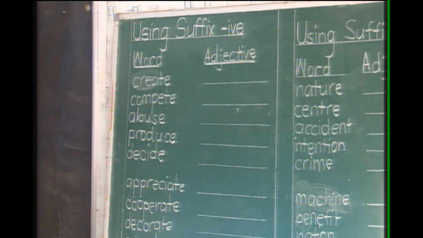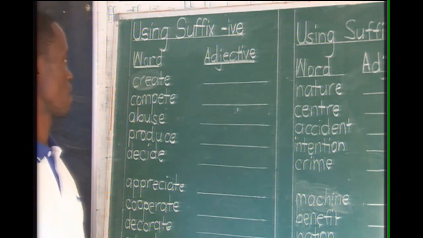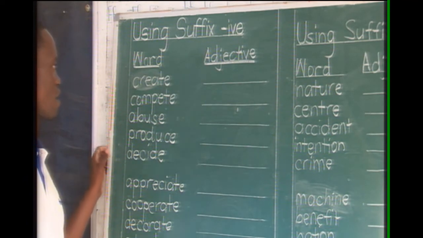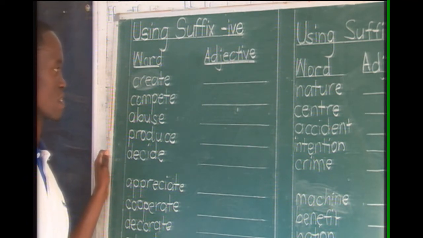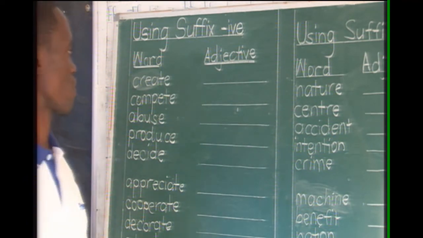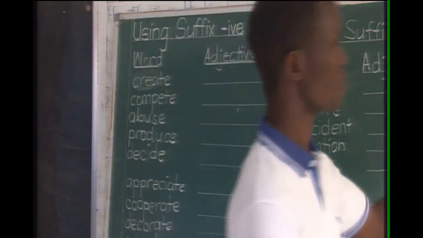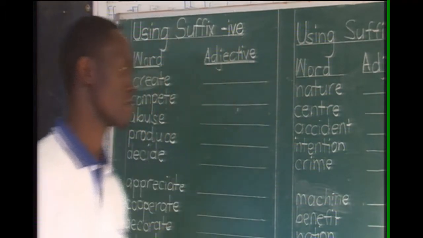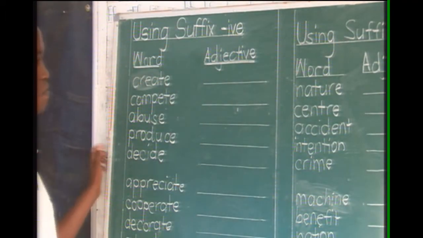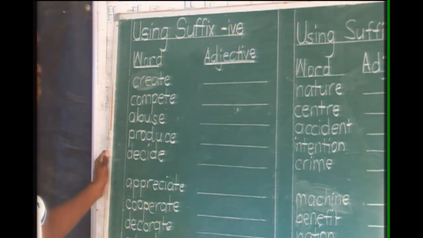So adjectives are formed using suffixes, as we saw in the previous lesson. The list continues. We have this part today, and others that will come after this chapter has been closed.